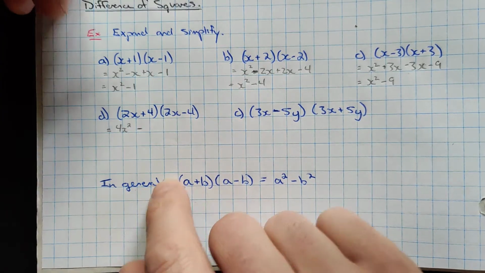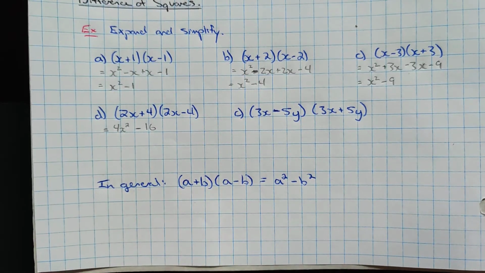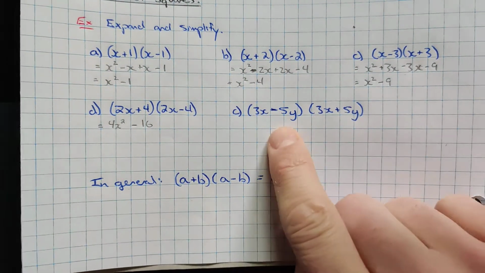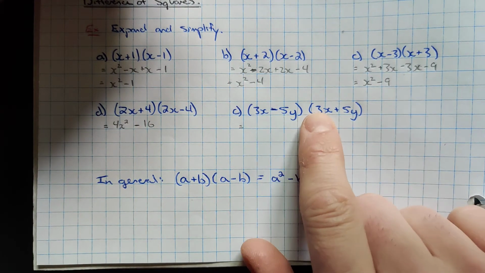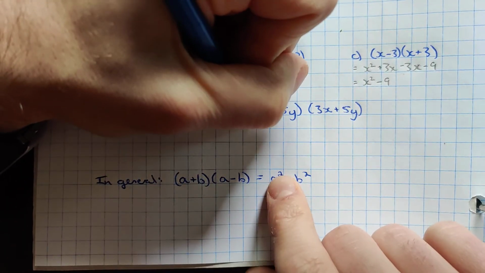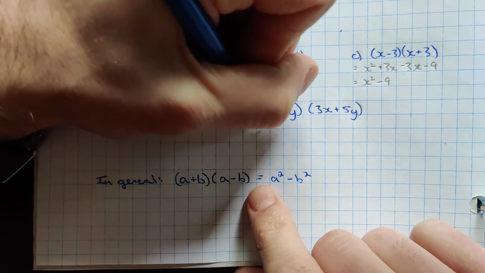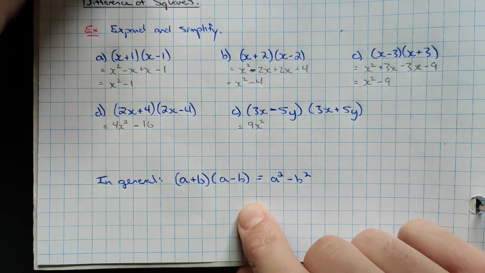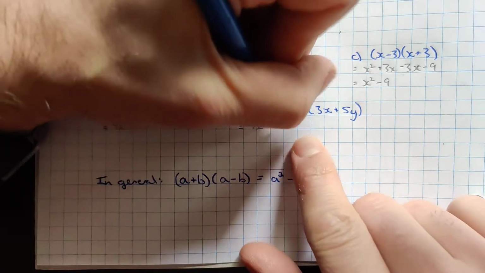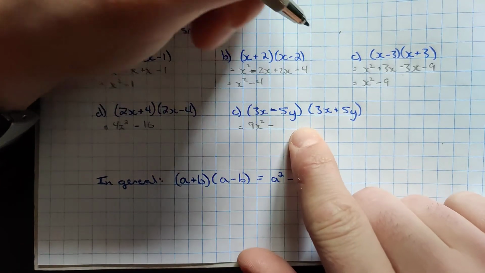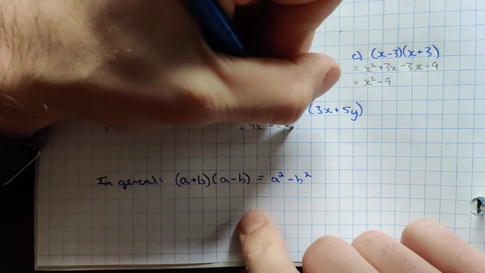Minus sign, second term squared, 16. Even when there's a variable on both sides, 3x plus or minus 5y, 3x plus 5y. Well, square the first term. 3x squared is 9x squared. And then negative 5y here. So the minus sign, 5y squared is 25y squared.